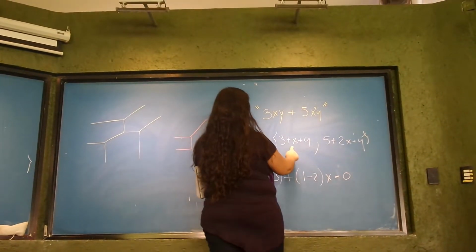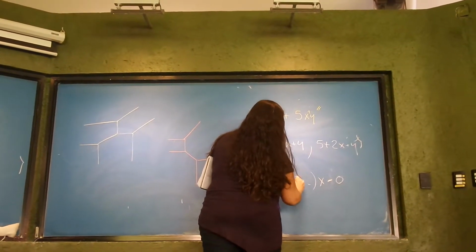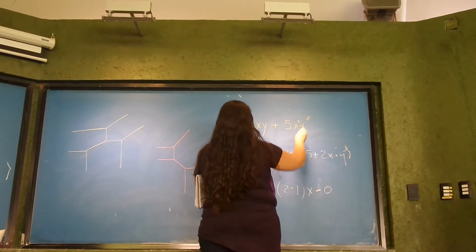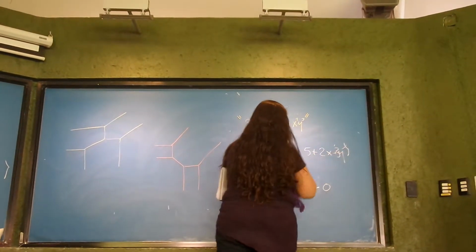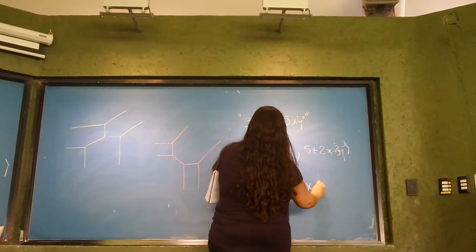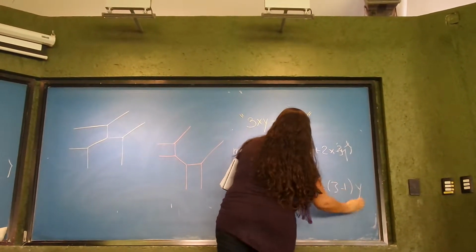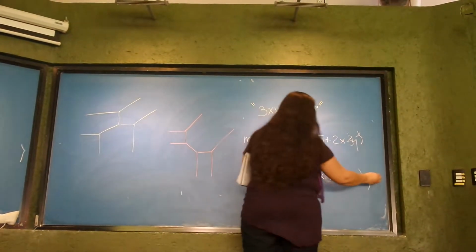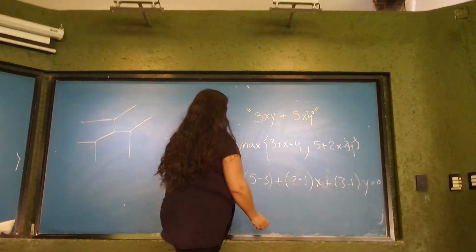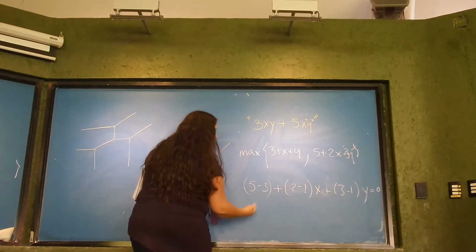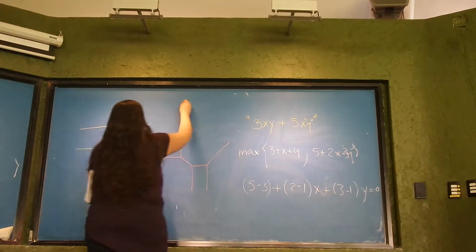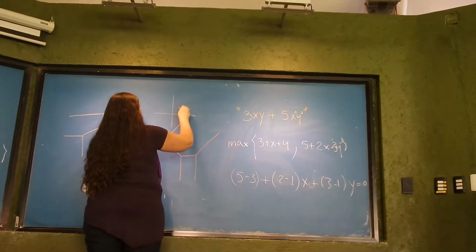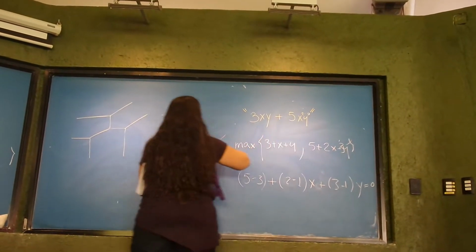2 minus 1, I have minus 1. And I don't want to kill the y, so I'm going to put something else. And I want to have here 3 minus 1, 4. This is equal to 6. Okay, but in fact, if you look at this, if I graph the powers of this one, it will be 1, 1, and this one will be 2, 3.